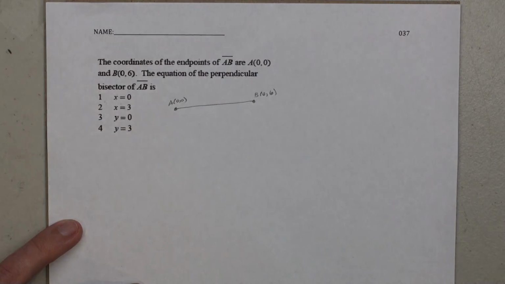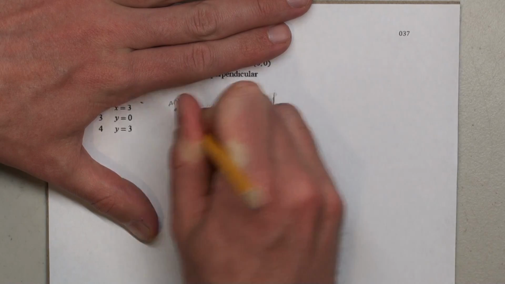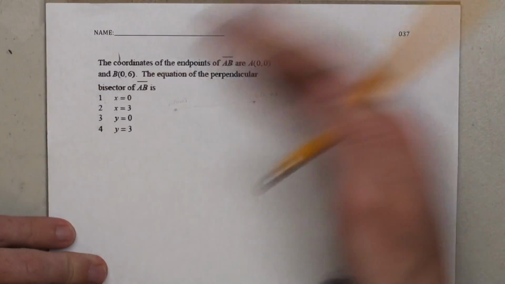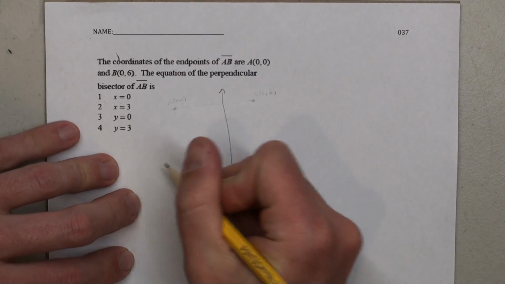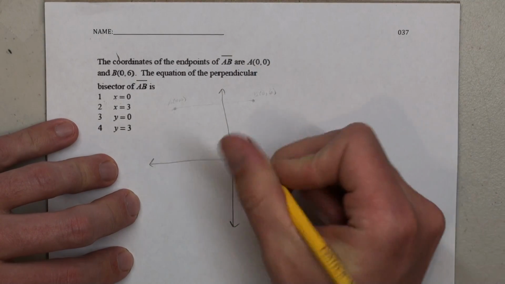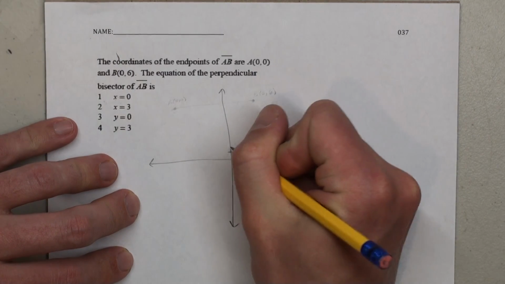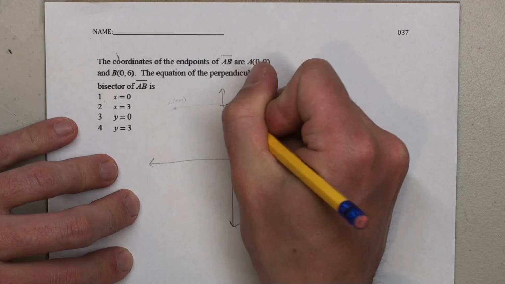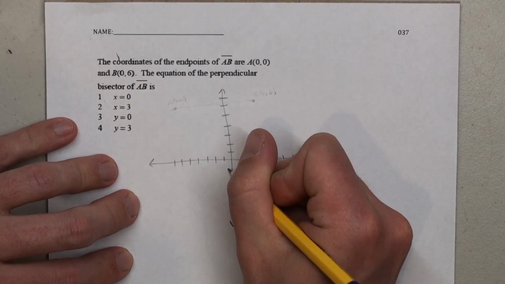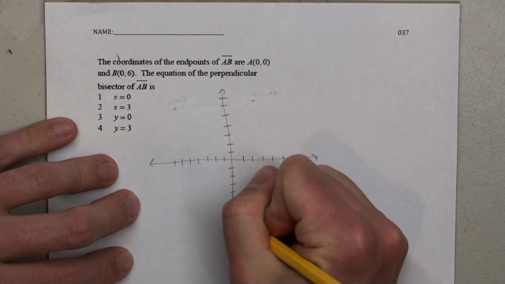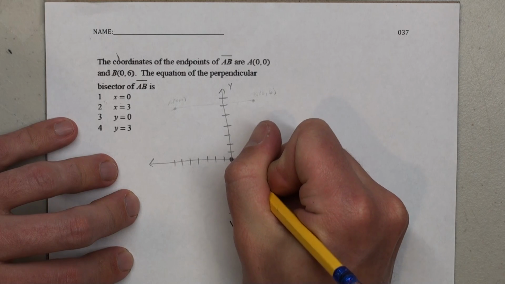Now, if we were going to draw that, let's fix something. Let's draw really quick coordinate axes here, right? 1, 2, 3, 4, 5, 6, 7. Let's go to 7. So A is at (0, 0).